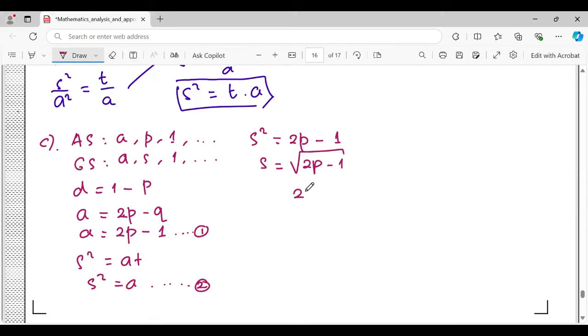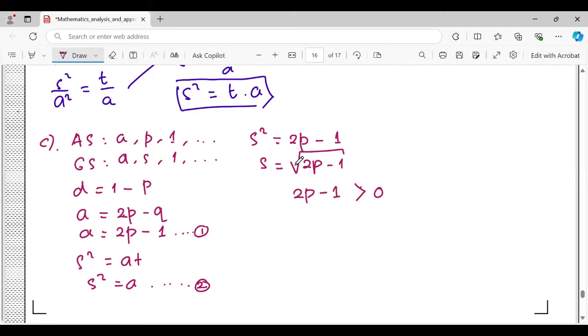This part, 2P minus 1, should be greater than 0. Why? Because if 2P minus 1 equals 0, it means S equals 0, and that's impossible.